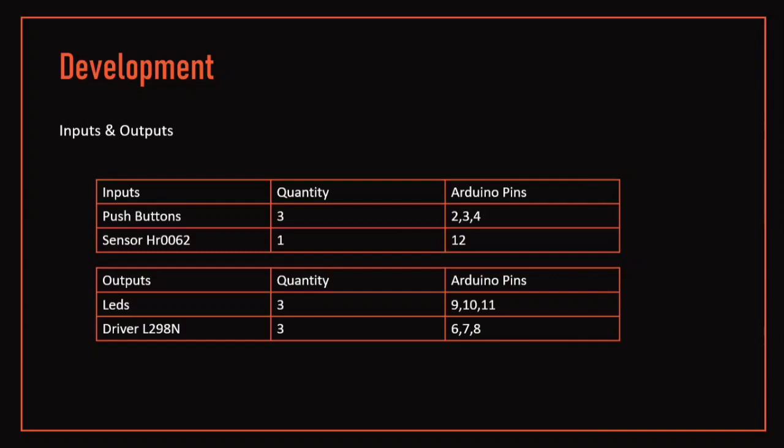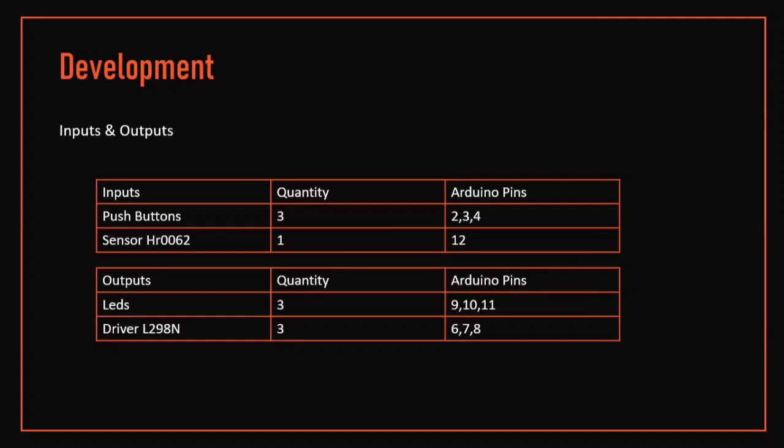The Arduino pins for the push buttons will be pin 2, pin 3, and pin 4. For the proximity sensor, pin number 12 will be used. And then we have the outputs. We are going to have as outputs the LEDs and the driver L298N.